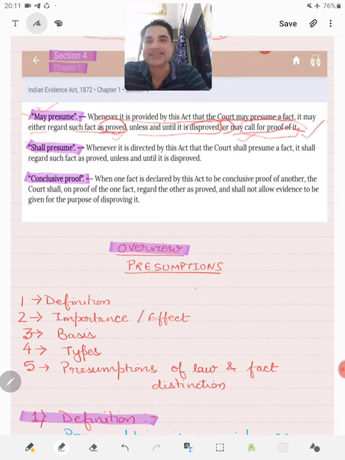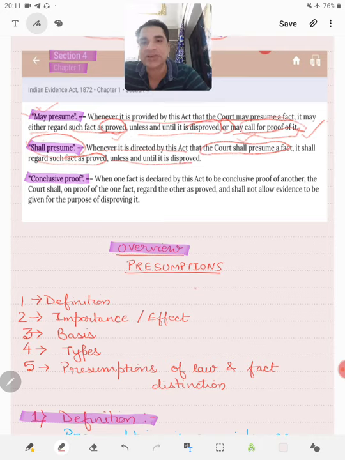Now another term is shall presume, and it is stated: whenever it is directed by this act that the court shall presume a fact, it shall regard such fact as proved until and unless it is disproved.